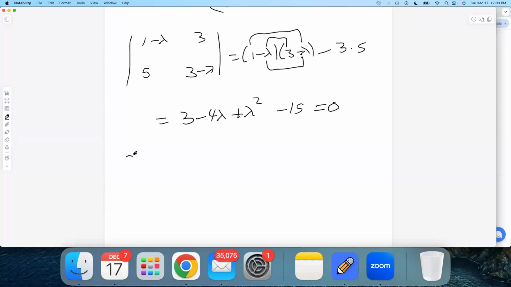Okay, so then we get what we call our characteristic polynomial, just like we did when we were doing homogeneous DEs.